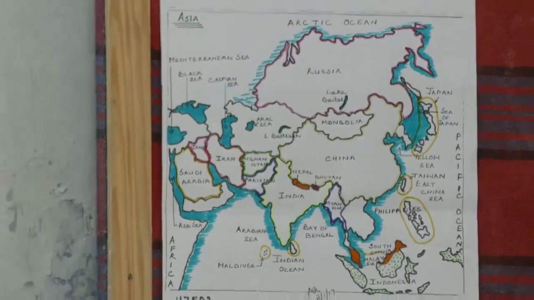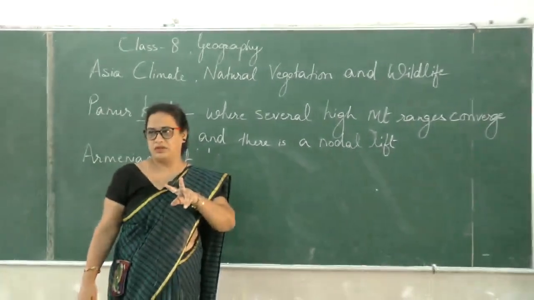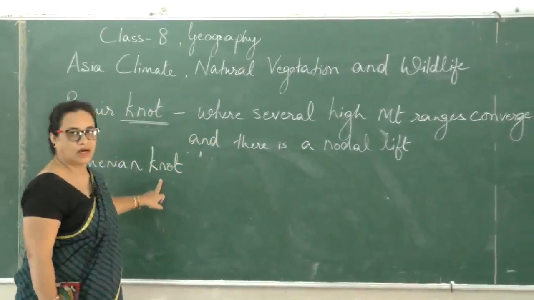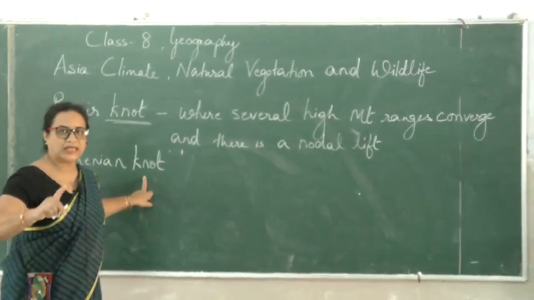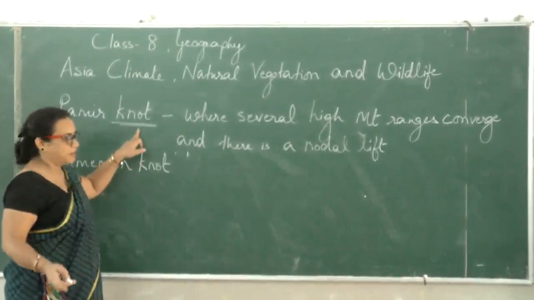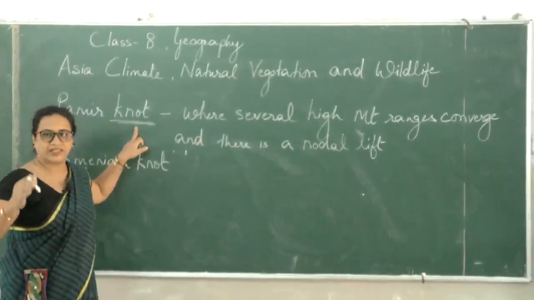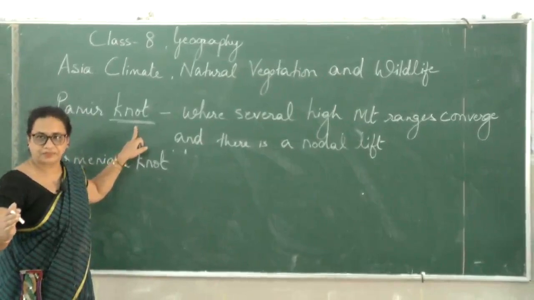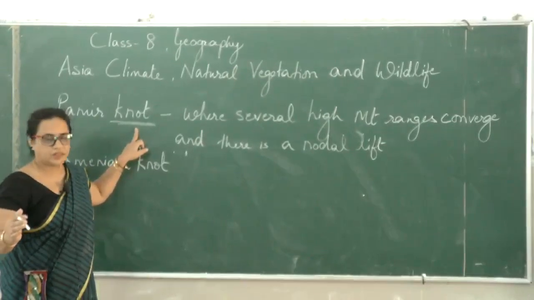Clear? Now, generally you are asked the differences between these two knots, between Pamir knot and Armenian knot. Clear? One difference is the location. If you want, you can note it down. Pamir knot is situated in Central Asia. That is the first difference.